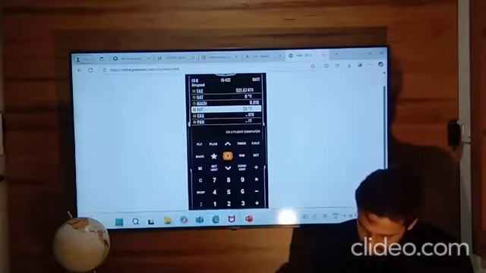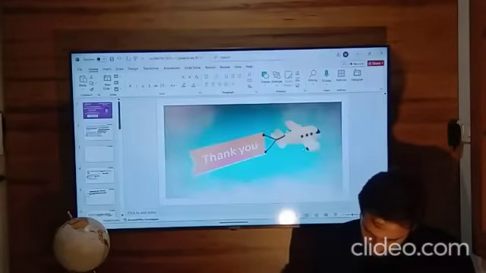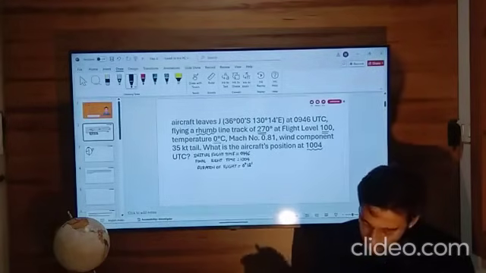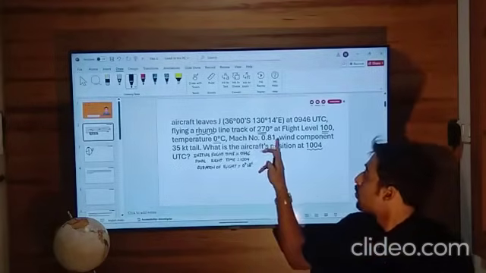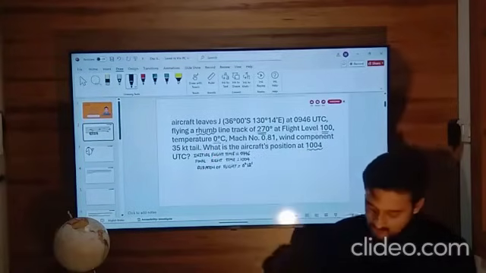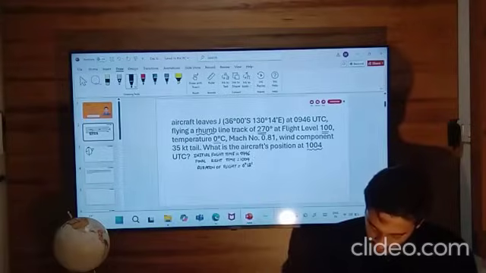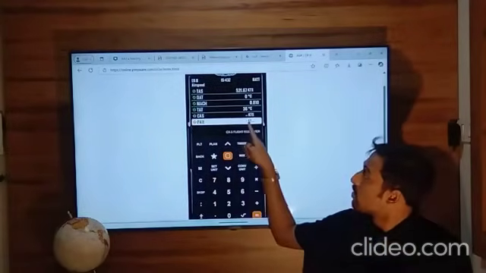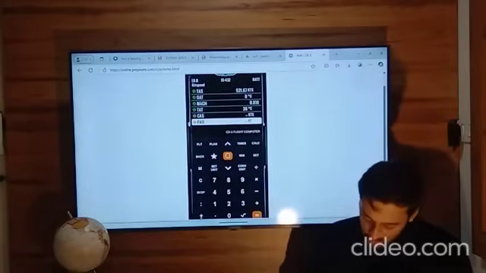Next. So the next point, we have wind component, temperature 0, Mach 0.81, flight level 100. So for pressure altitude here, put 10,000.